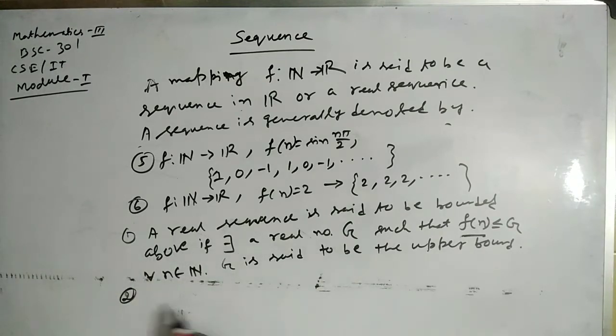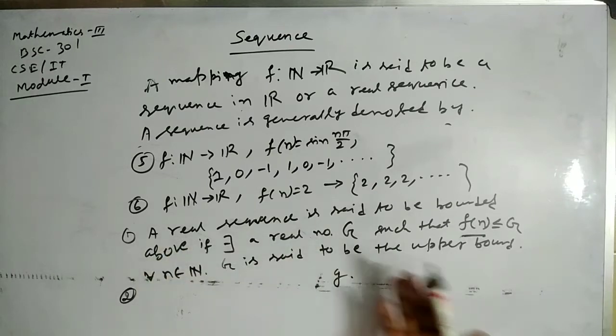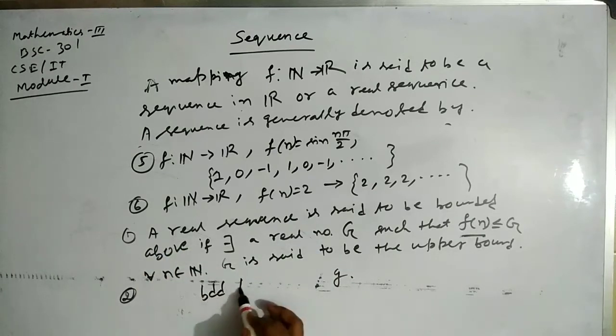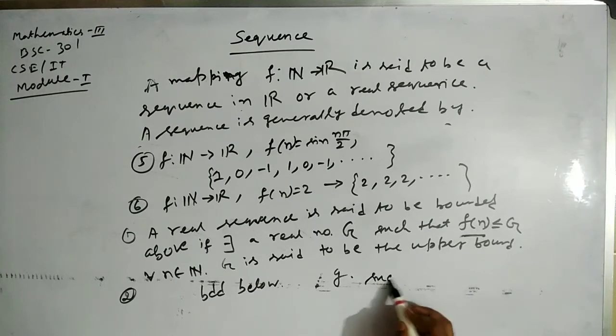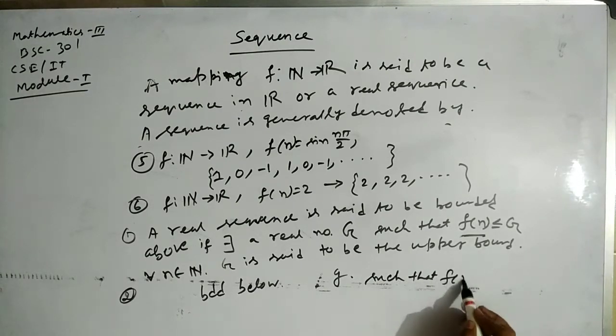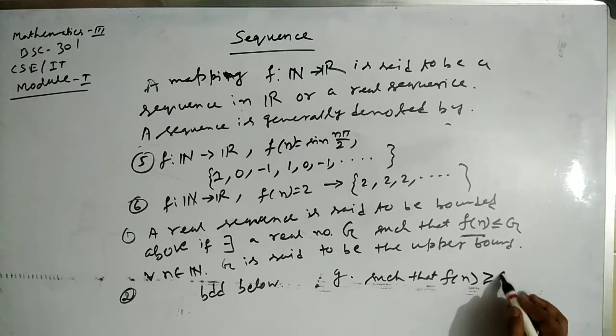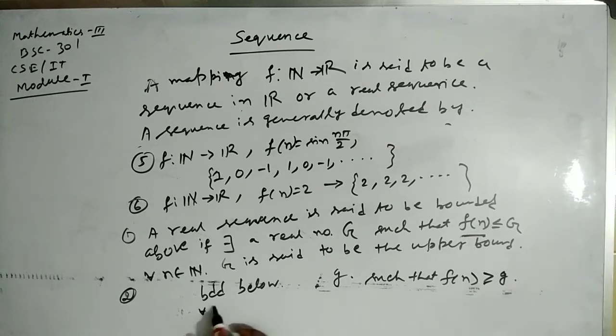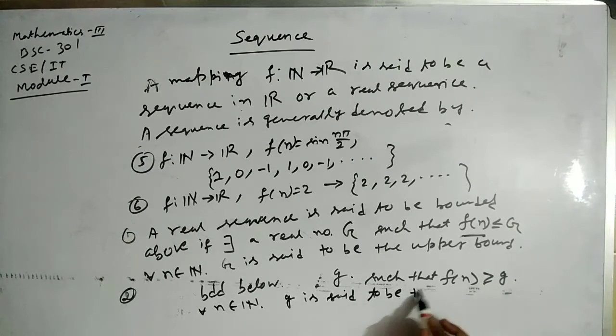A real sequence is said to be bounded below, with the same definition, if there exists a real number, small g, such that Fn will be greater than or equal to g for all n belonging to the natural numbers, and g is said to be the lower bound.